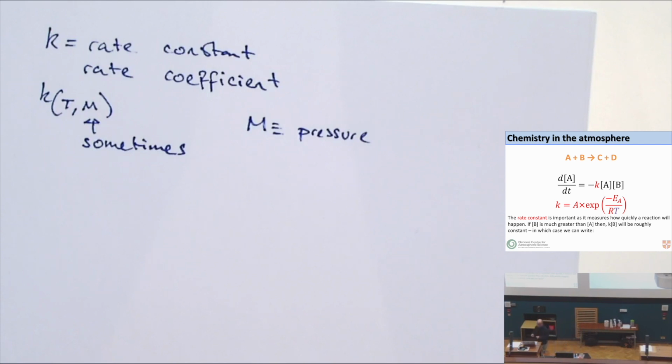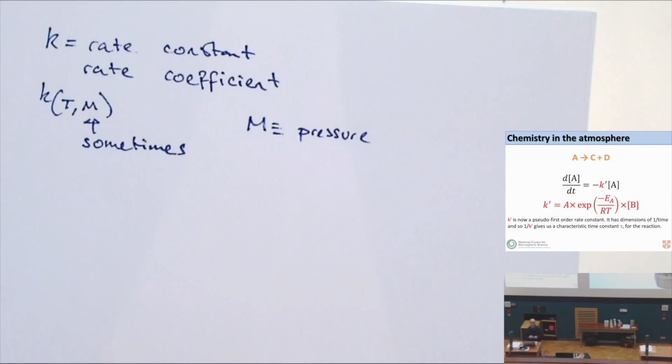So if B is really large compared to A, dB/dt would be about 0. That means we can make an approximation which reduces the dimensionality of this problem, of A plus B going to C plus D, into something which looks more like A just goes to C plus D.